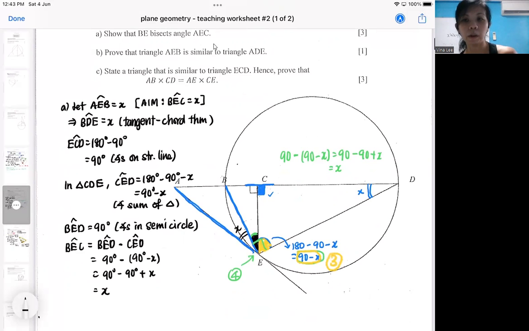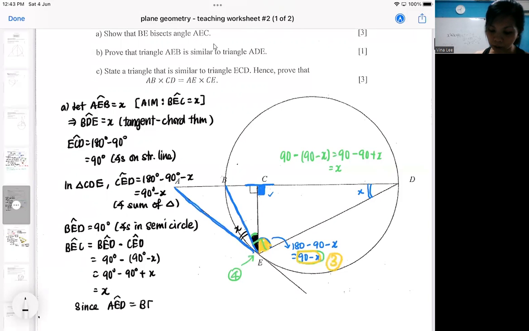When you achieve your aim, that doesn't mean that you stop there. Nobody will see the relation if you never explain. So you must have a concluding statement. The concluding statement will be that the angles that you start with and the angles that you end up with are both X. So the conclusion will be BE bisects AEC.